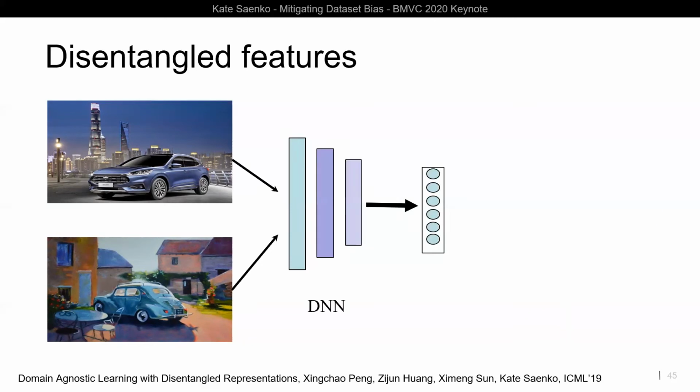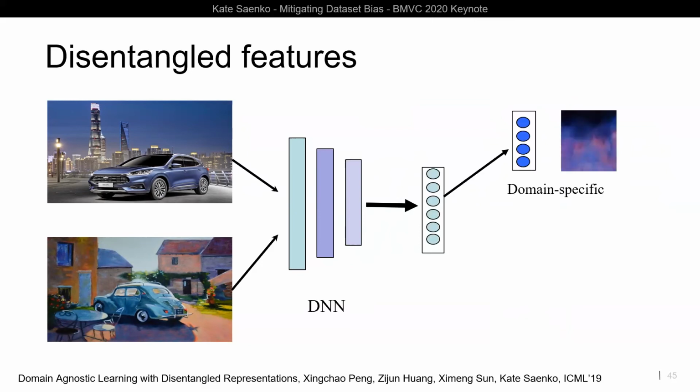So the idea is to learn a representation using a deep neural network, but we want to split our feature representation into two parts. The first part is the domain-specific features. So these are features that will encode things like brush strokes of the painting domain that are specific to that domain, or maybe high resolution textures that are specific to the real photo domain.